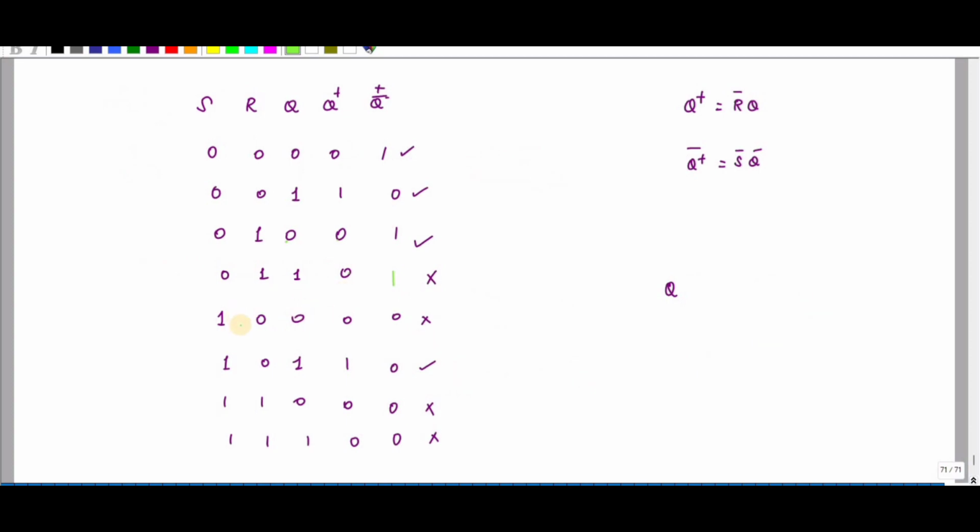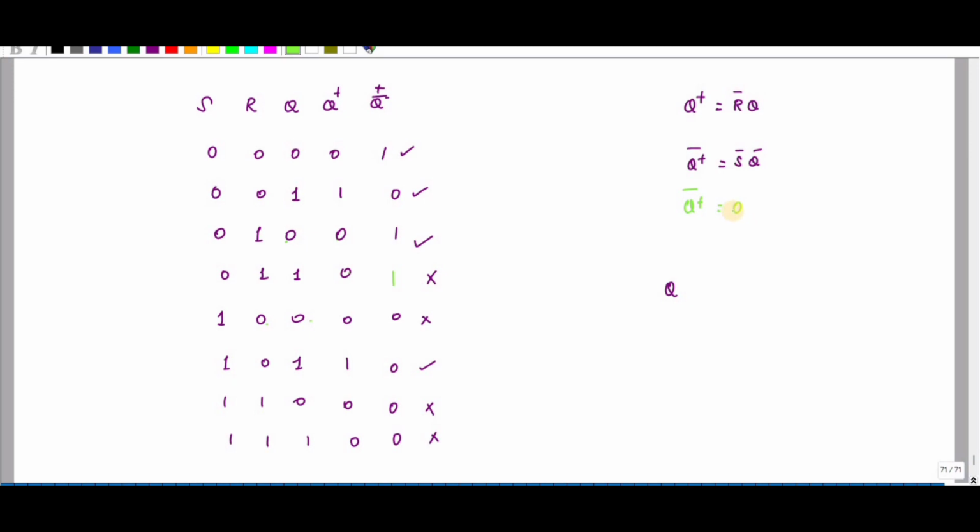So you can see when 1 0 0. Okay, so for this condition, Q plus bar is equal to 0 into 1, so Q plus bar, the whole bar, is equal to 0.